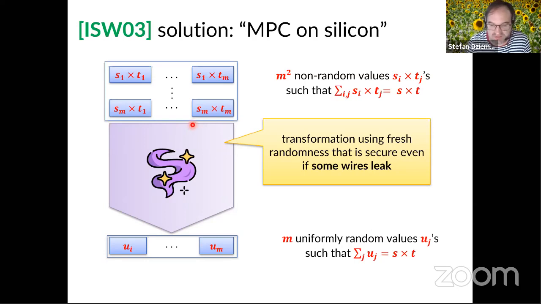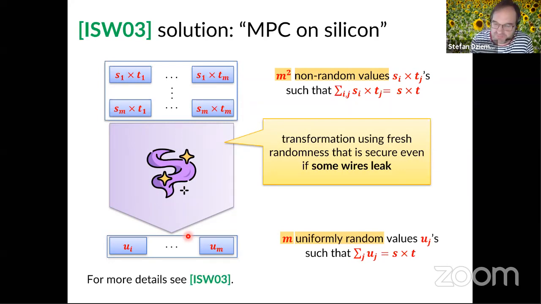So you reduce the long and non-random encoding to a shorter and random one using some fresh randomness, and you do it in a secure way. It's not such a complicated scheme, but I don't have time to show it now. What's important again is that you had m squared non-uniform values and you arrive with m uniform values after this transformation.